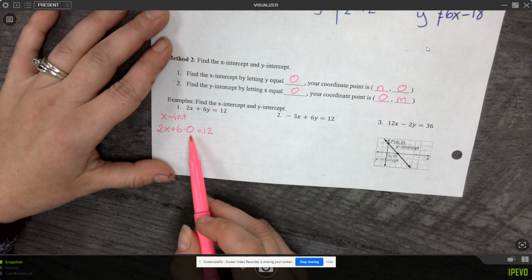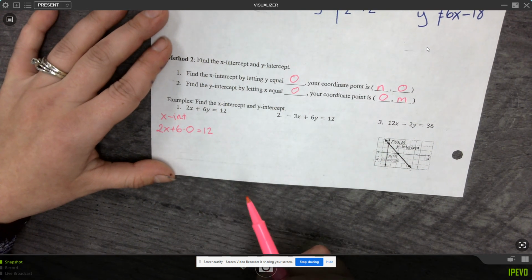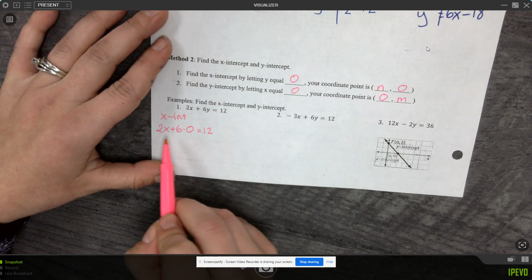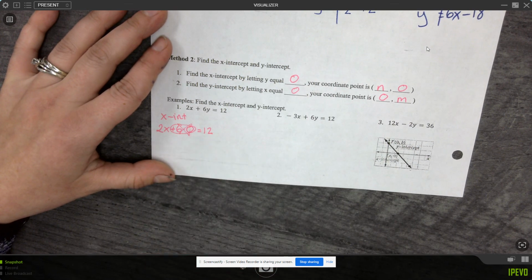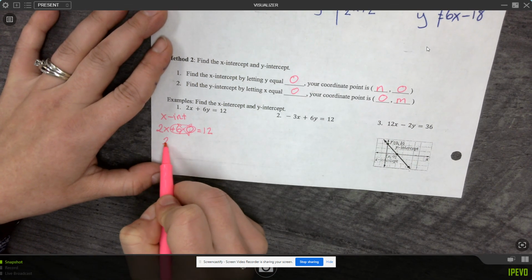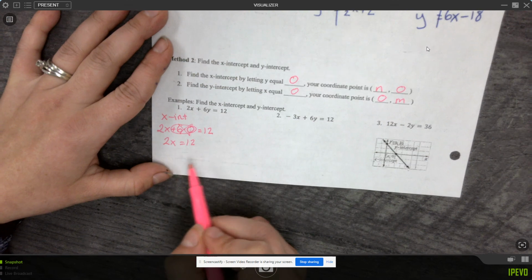So if I let y be 0, then I have 6 times 0, and 6 times 0 is 0, right? So this whole term goes away, leaves you with 2x equals 12. And then I'm going to solve this simple equation.